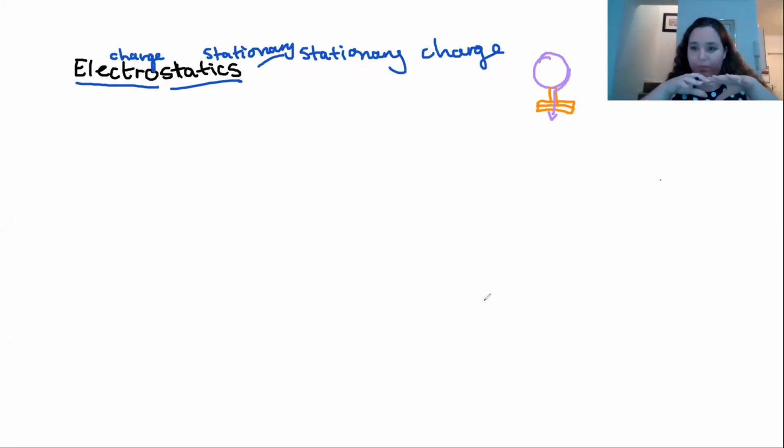You hopefully know by now from grade 8, 9, 10 that the earth is a giant reservoir of charge. That means it's got an excess of electrons, so it can give electrons to a charged object if that object is positive, but it can also take electrons from a charged object if the object was negative.